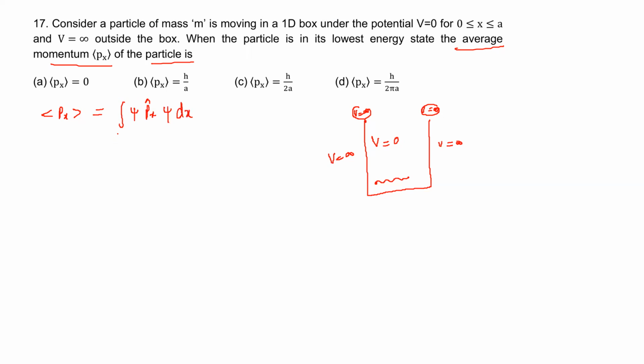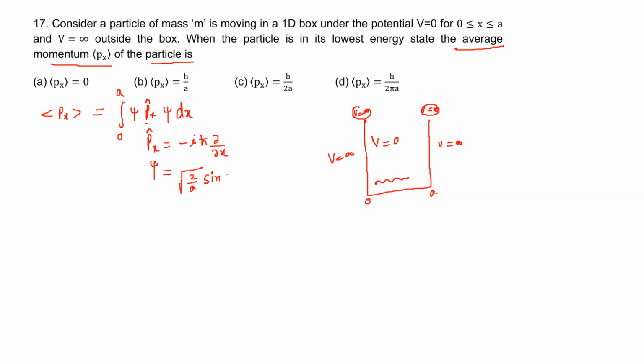Okay, so here we take the limits. Particle is moving in the box whose length is from 0 to a. Okay, so here we will put 0 to a. So here px is the momentum operator. You should know the expression, that is minus i h cross ∂/∂x. And you should have the information about the wave function also. So the wave function for particle in 1D box is under root 2 by a sine n pi x over L. Here in the statement, it is saying the particle is in ground state.